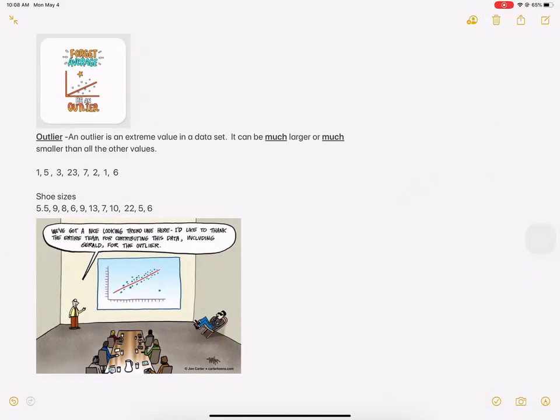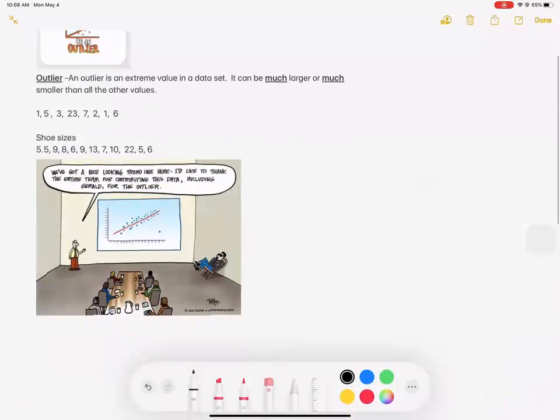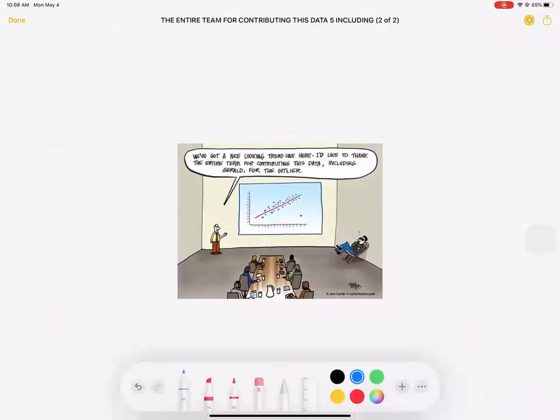I'd like to thank the entire team for contributing to this data, including Gerald for the outlier. And Gerald is this guy over here. That's Gerald. And that's his outlier, just way off. Everyone's sitting nicely at the table, and then this guy's off in the corner. What a weirdo.